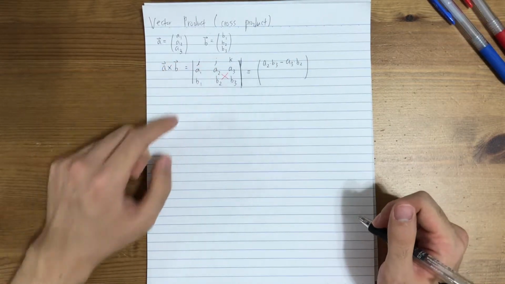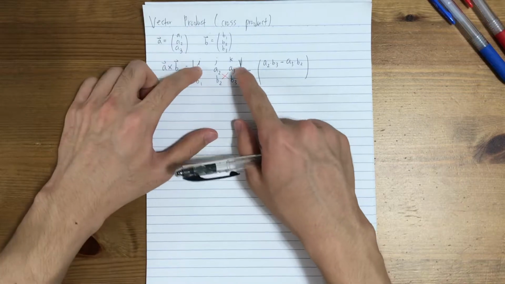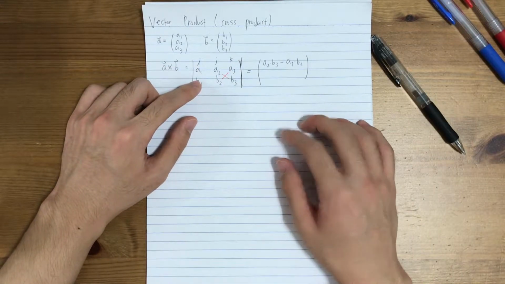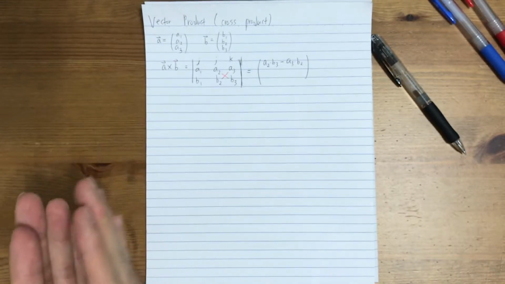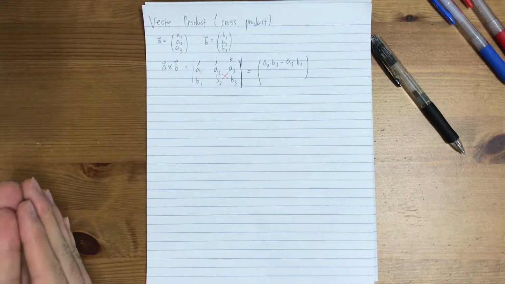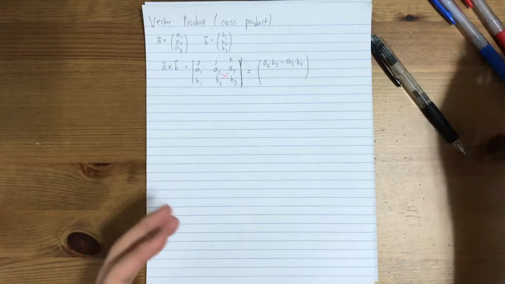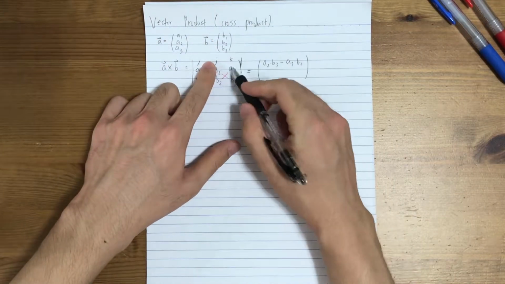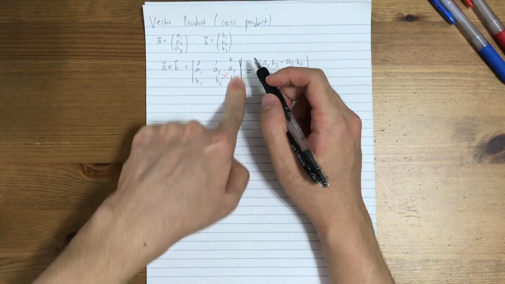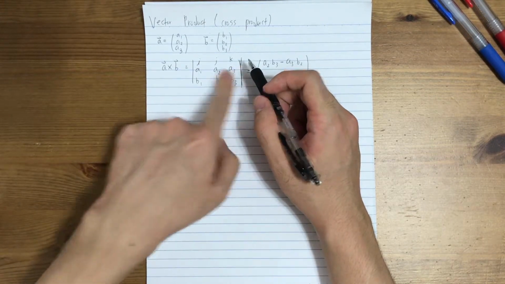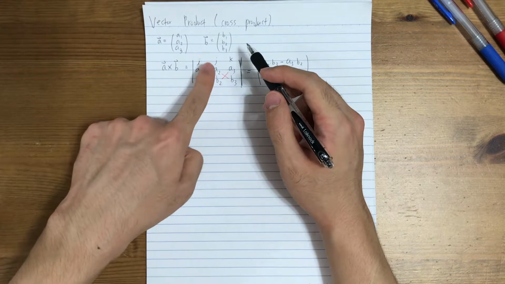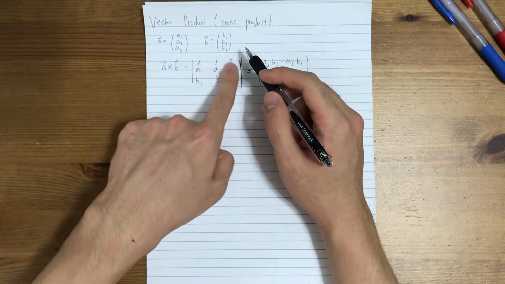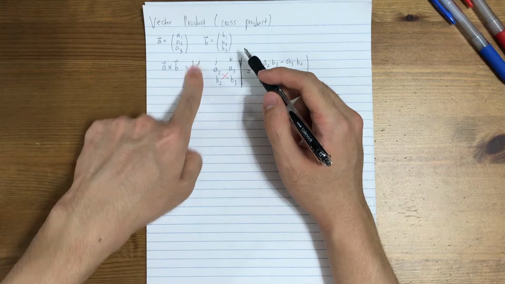Then what about j? j uses these, but it's always from right to left. What it means is that we always start from the column on the right. So for i, we use the column on the right, right? For j, we have the columns for right and left.